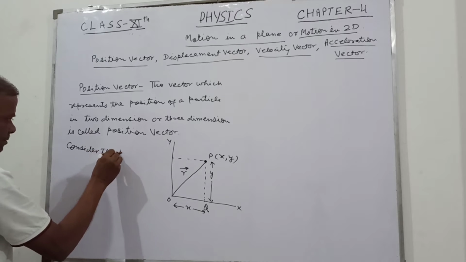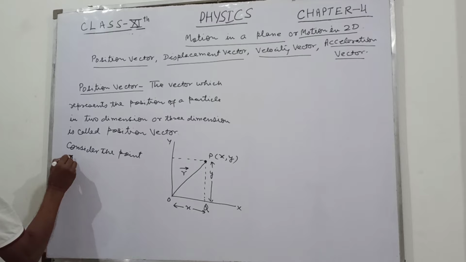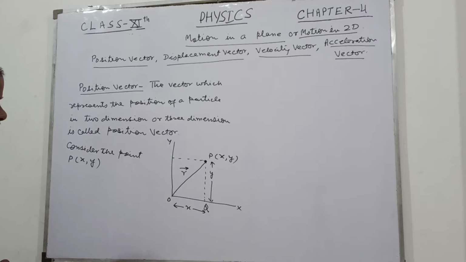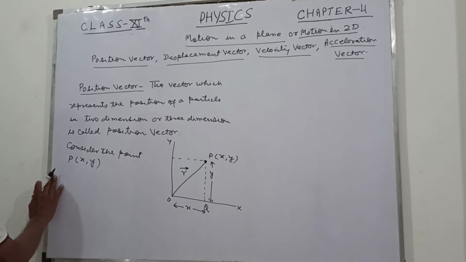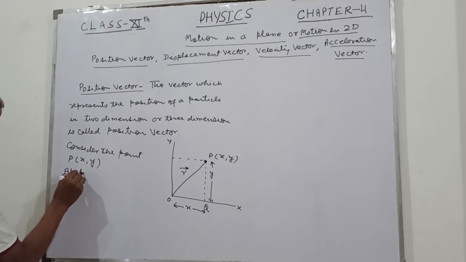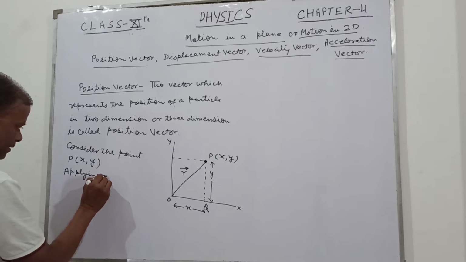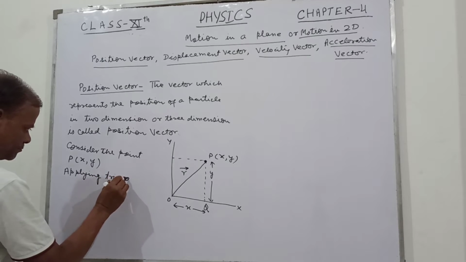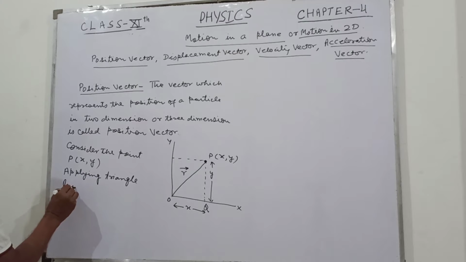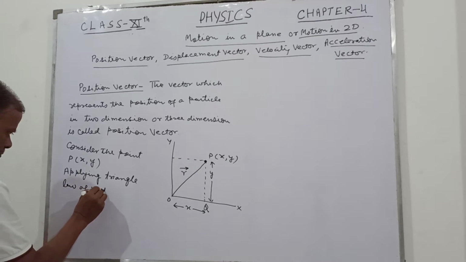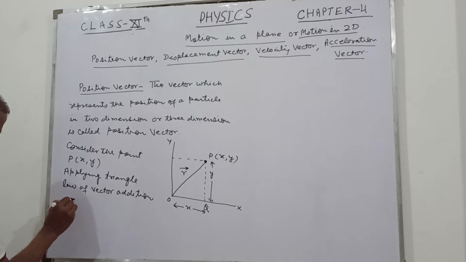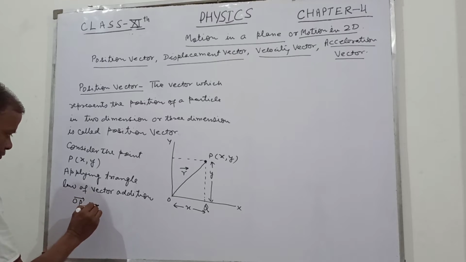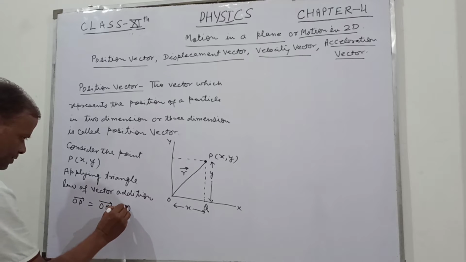Consider the point P(x, y). By the triangle law of vector addition, OP is equal to OQ plus QP.